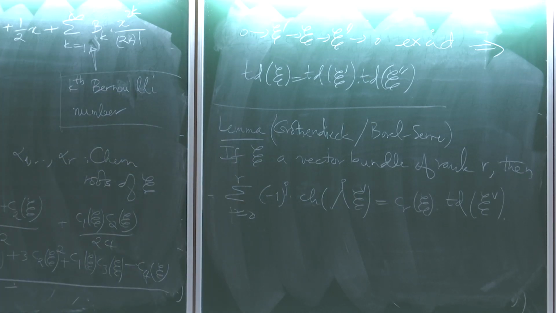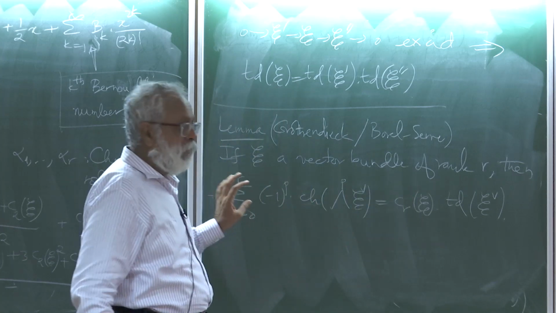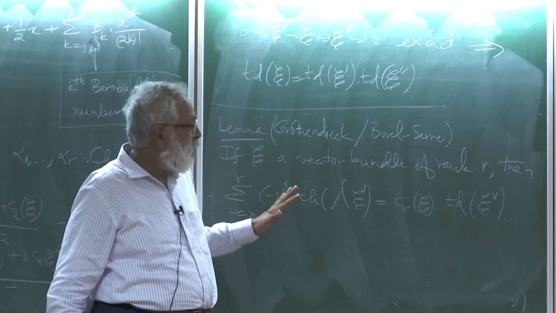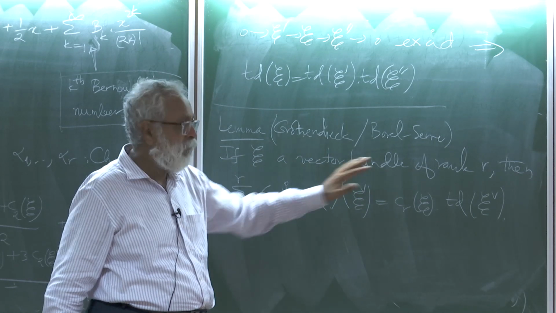So this identity is really, if you like, the proper definition of the Todd class. The Todd class is whatever you have to put here in order to compare the top Chern class of E and this alternating sum. Right now, why you would want to make such a comparison is maybe not immediately clear. I'll come to that later.